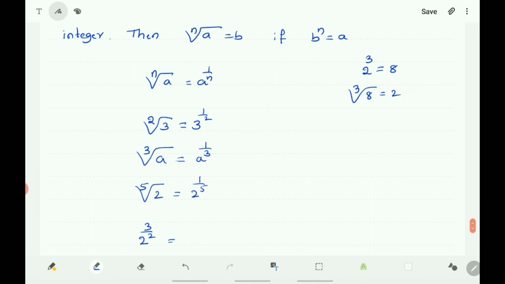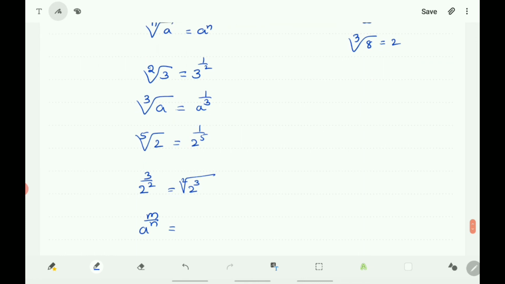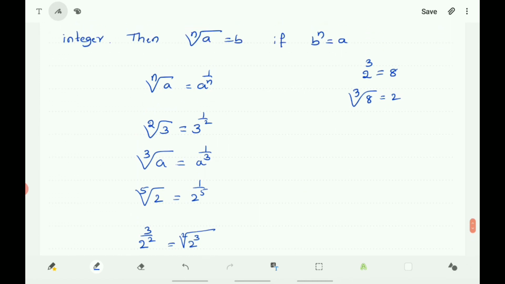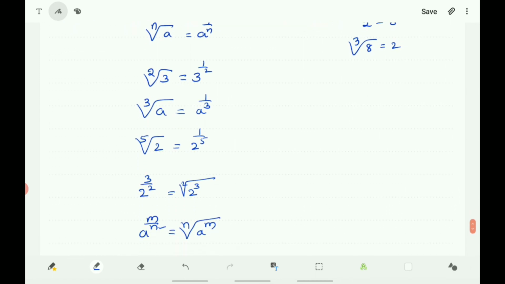And 2 to the power of 3 by 2 means here the base is 2 and its power is 3 and it is square root. Now a to the power of m by n means nth root of a to the power of m. In this way you can convert this into the exponential form.